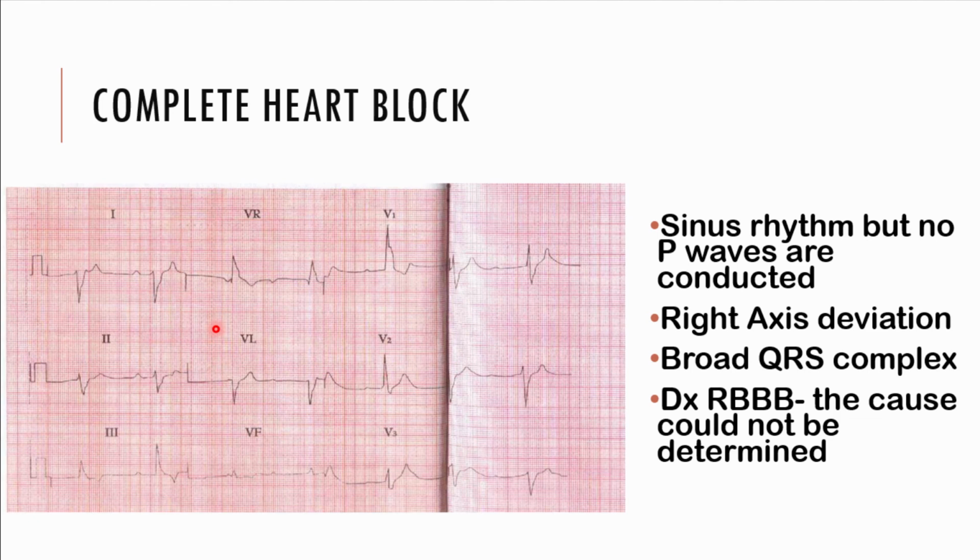We then come to look at the rate on this. Remember when we are calculating the rate of this ECG, we're first going to be asking ourselves, is the rhythm regular? So if we look at lead 2, do we have a P wave? We have a P wave here, a QRS complex, and a T wave.